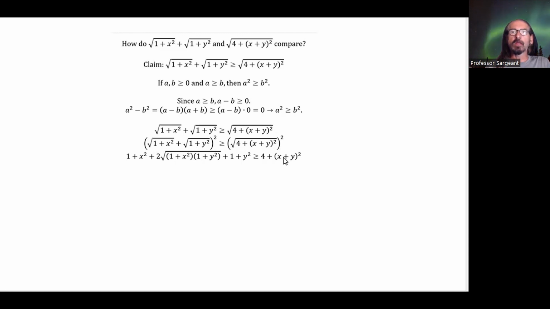Next, on the right-hand side, I'm going to multiply out the quantity x plus y squared. Same deal, either distribute or use FOIL or the special product formula. We will not just get x squared plus y squared. We will have in between x squared and y squared a plus 2xy.